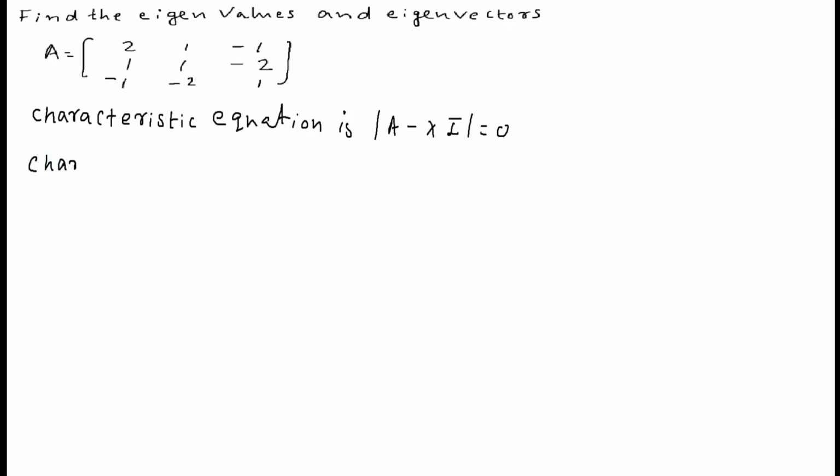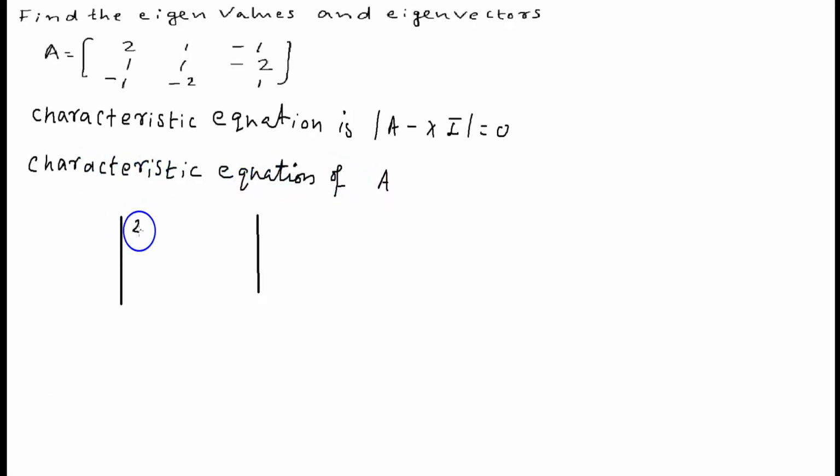Then the result of A minus lambda I becomes mod 2 minus lambda, 1, minus 1; 1, 1 minus lambda, minus 2; minus 1, minus 2, 1 minus lambda, equal to 0.